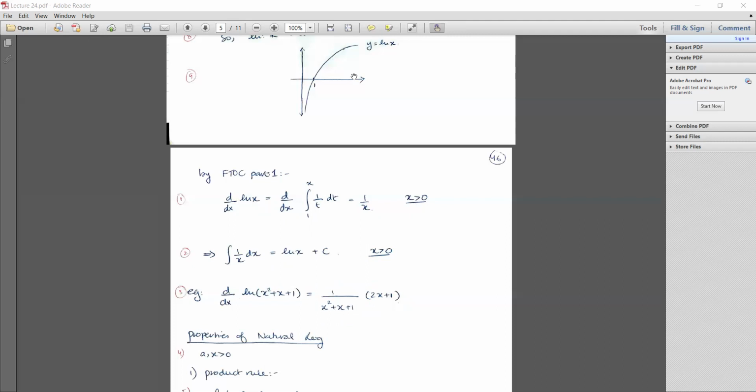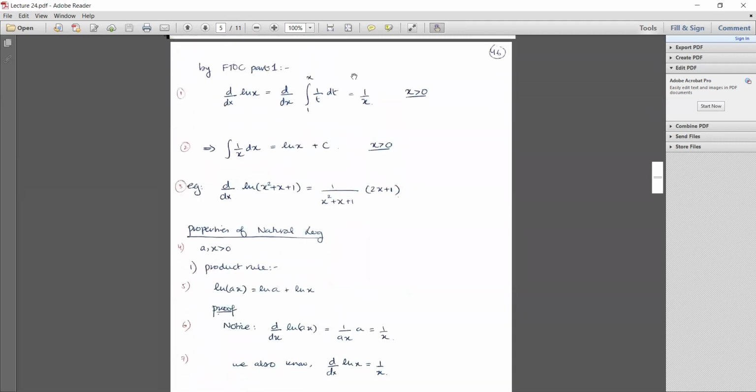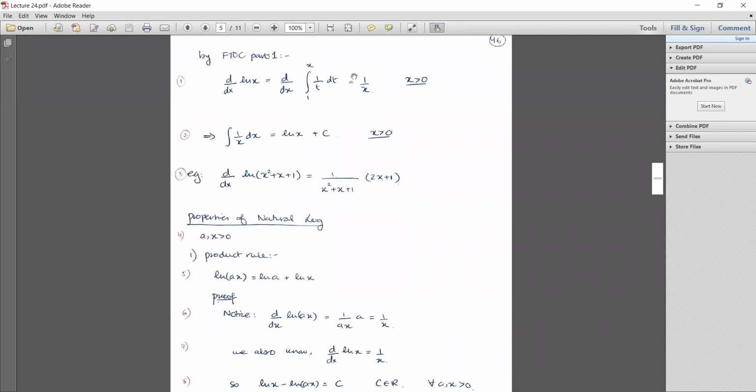Any questions? Yes, here, x squared plus x plus 1 should be positive, right?